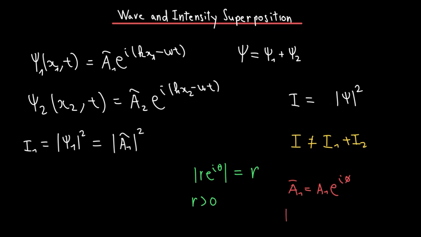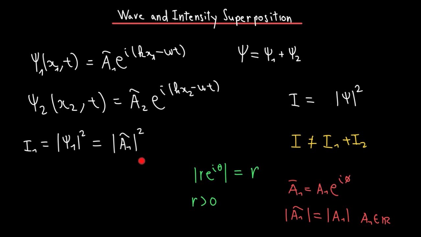And therefore the modulus of a1 tilde is just the absolute value of a1. The reason why I put an absolute value here is because a1 might be a negative number, but the modulus is always positive. So a1 is a real number.